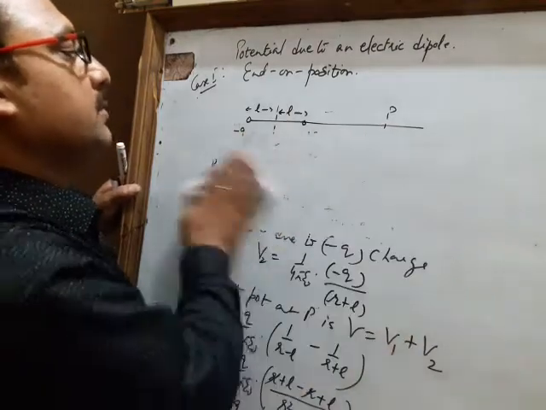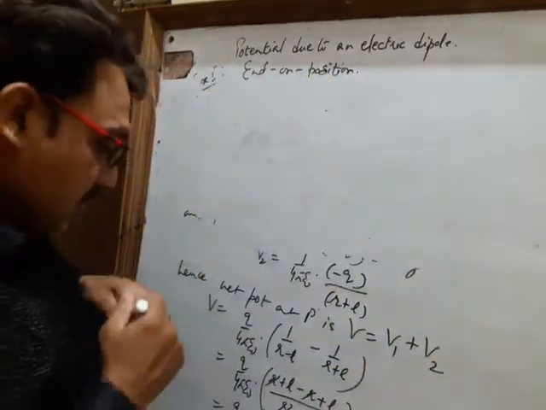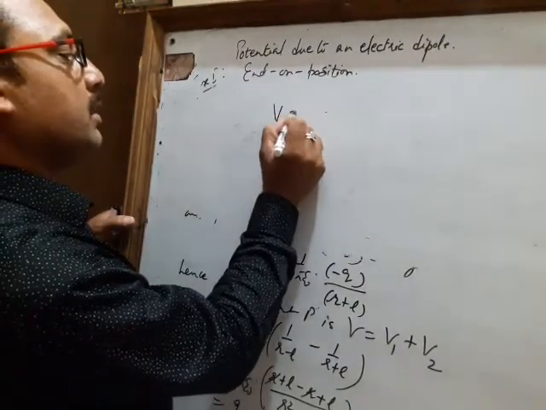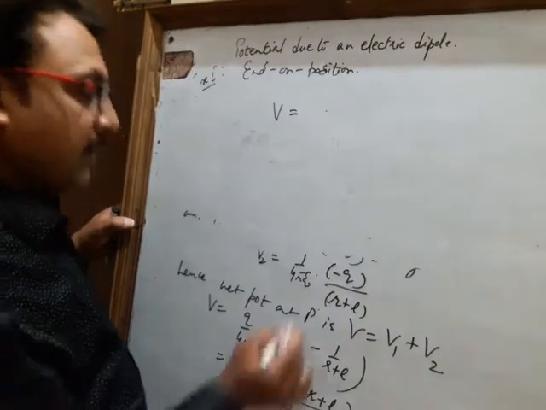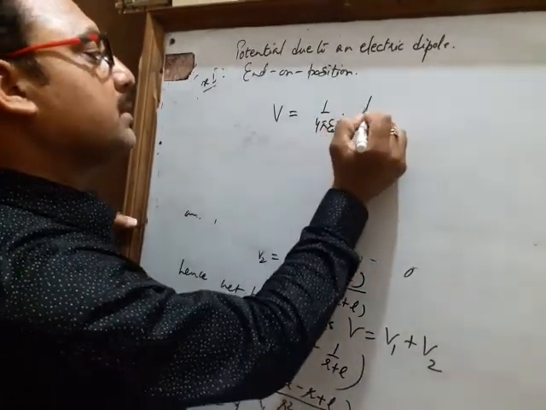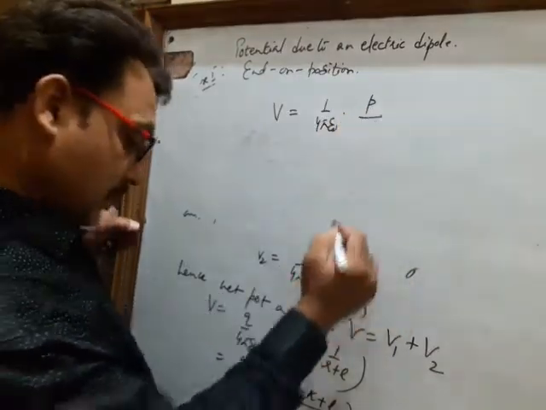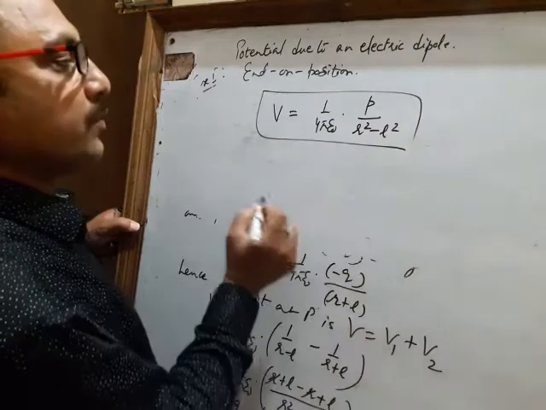I'll rub this portion. So you'll get V equal to final form. What is Q into 2L? That is dipole moment P. So 1 upon 4 pi epsilon naught P upon R square minus L square. This is the form.